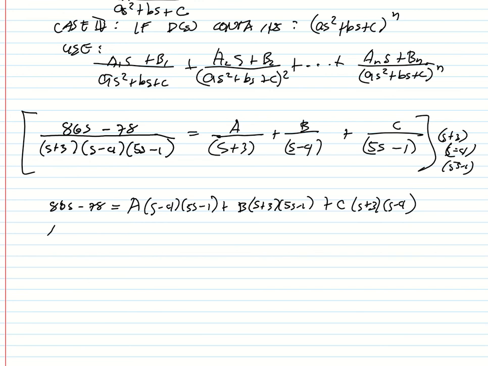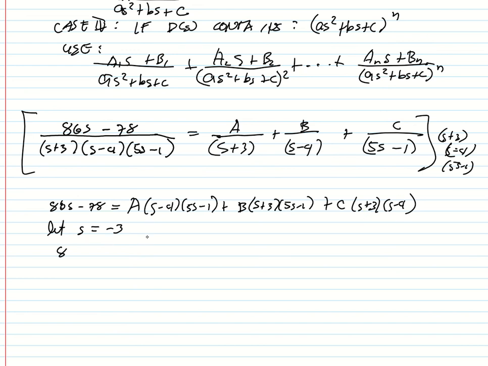Then we can now let s be equal to a chosen value. In choosing the value of s, we need to make the other constants to be 0. For example, we can choose here s equals negative 3, so that this term s plus 3, negative 3 plus 3, will become 0. This will also become 0, and we can compute for a.